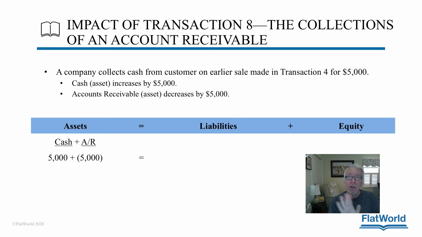So do you still have an account receivable? No, you don't. As soon as you collect money, the account receivable is dead. You can't collect it again. Just like you won't pay a debt twice, you can't collect a receivable twice. It dies. So you're swapping one asset for another. The receivable goes away because it's been honored, it's been paid, and cash went up. So one asset goes down, one goes up, balance is maintained.